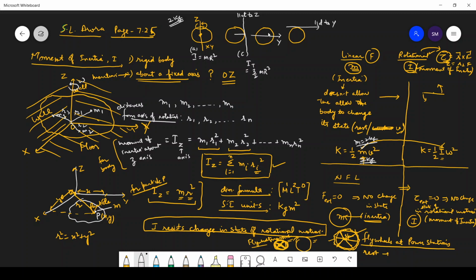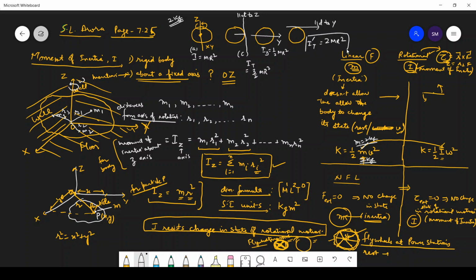And in figure B, moment of inertia along the diameter is half mr square. And when it is parallel to y-axis, moment of inertia I dash along the tangent, here also it is tangential but parallel to y-axis this time, that's equal to 2 mr square.